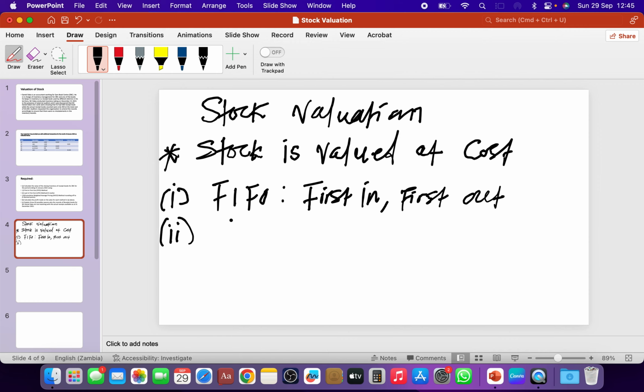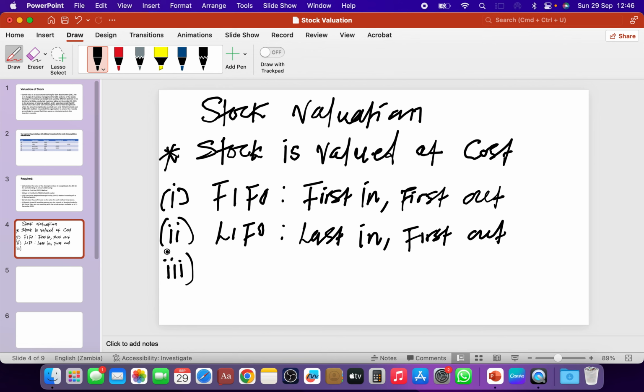Number two method is LIFO. This means that the stock that came in last should be the first one to be issued out, last in, first out. Number three is the weighted average method.